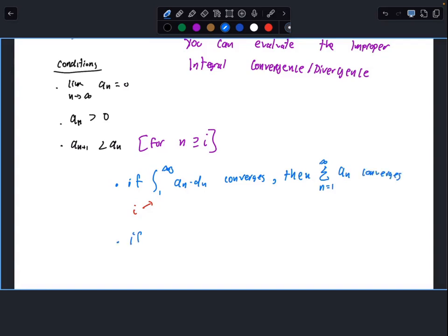And if the improper integral from 1 to infinity of a sub n d n diverges, then the series from n equals 1 to infinity of a sub n diverges by the integral test.